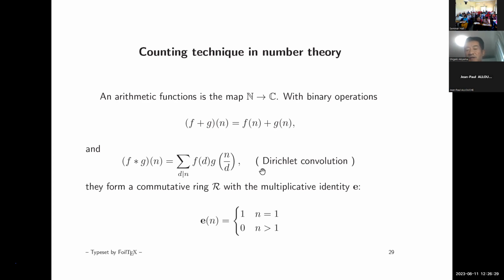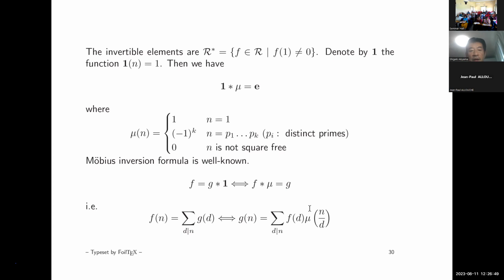Many of you may be acquainted with it. Given some arithmetic function, which is a map from N to the complex numbers C, we introduce the Dirichlet convolution and the Möbius function, as you may know.